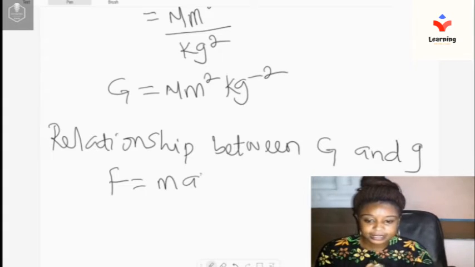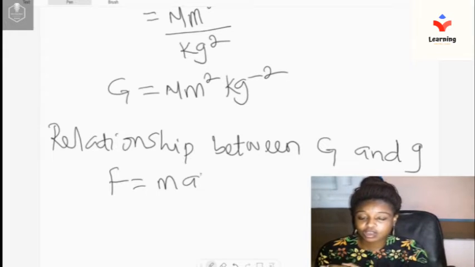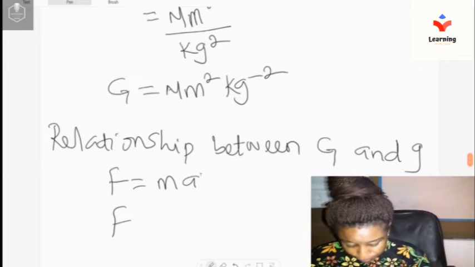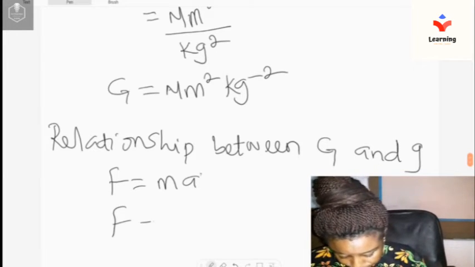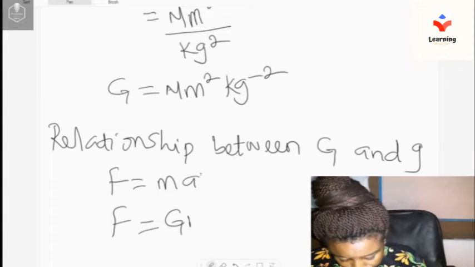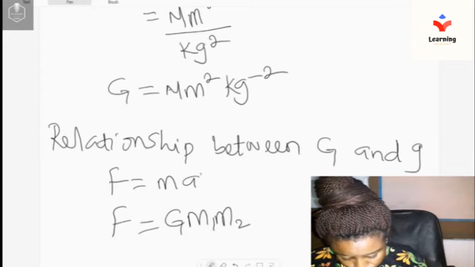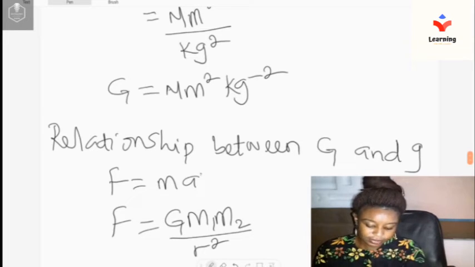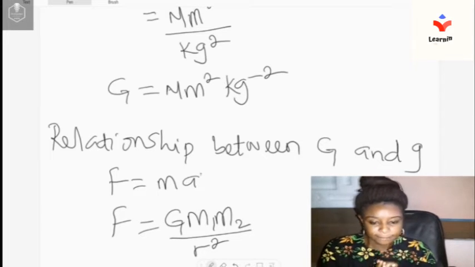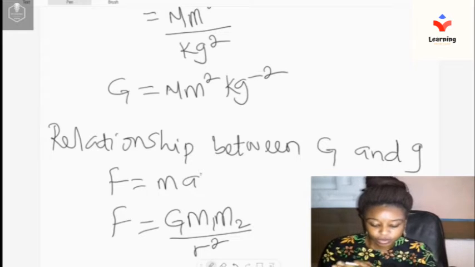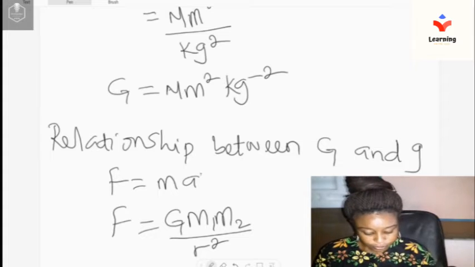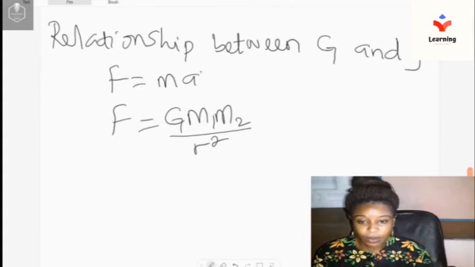Force is mass times acceleration, and using Newton's law of gravitation, we get another formula for F, which is G m1 m2 divided by r squared. That is the universal gravitational constant times mass 1 and mass 2 divided by the square of the distance between them.